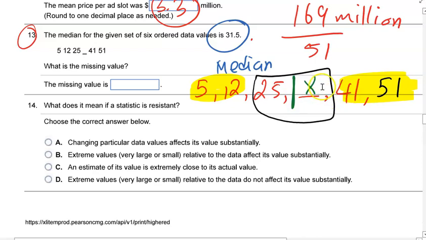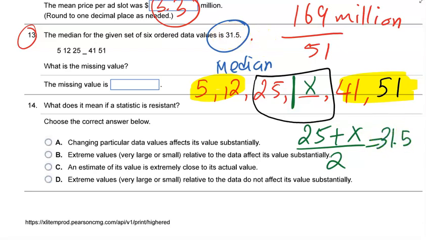Therefore the median is (25 plus x) divided by 2, equal to the median of this data, which is 31.5. And we solve for x, the missing value.